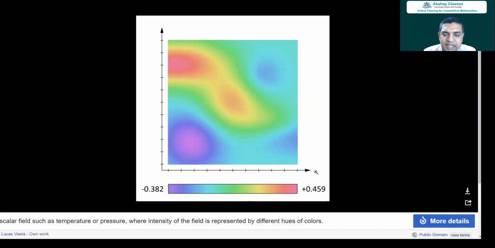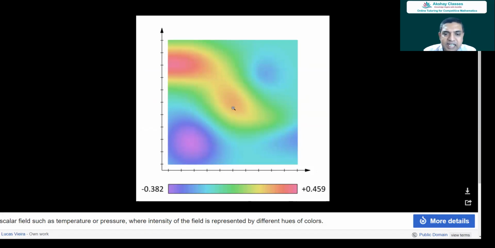Now let's say this is X and this is Y. Now if we move along X direction, how does the temperature change? If I move along Y direction, how does the temperature change? If I move in this, how does it change?